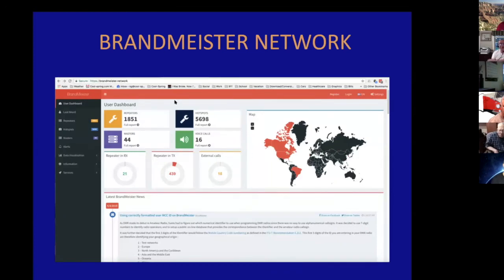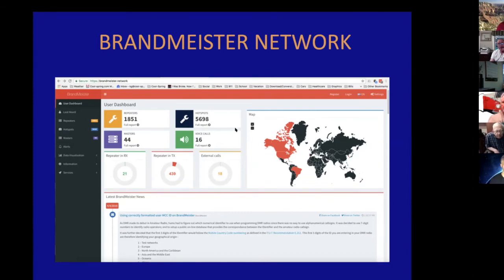Brandmeister, I talked about a couple of times. Brandmeister is just a network. It's a group of people that got together and set up a network. This shot right here is probably at least 2 or 3 years old. You can see that at the time this shot was taken, there were 1,851 repeaters signed in and 5,600 hotspots signed in.